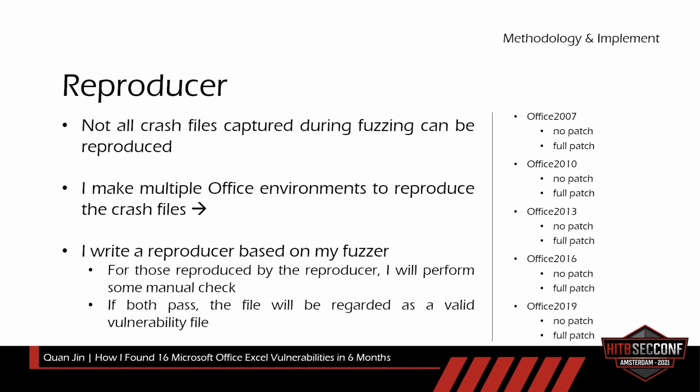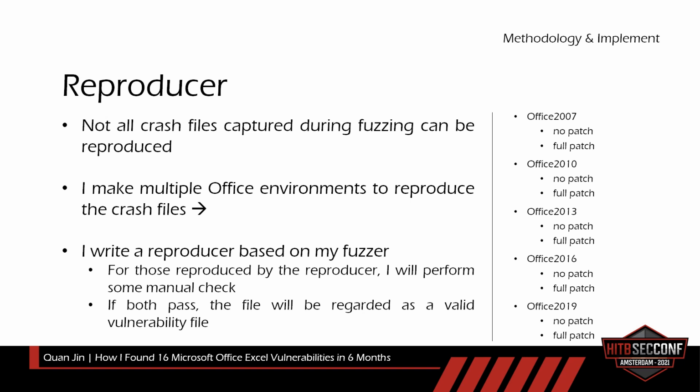Not all crash files can be reproduced, so I wrote a reproducer based on my fuzzer. This reproducer is used to reproduce the crash results in various full-patch Office environments and record the reproduced results.